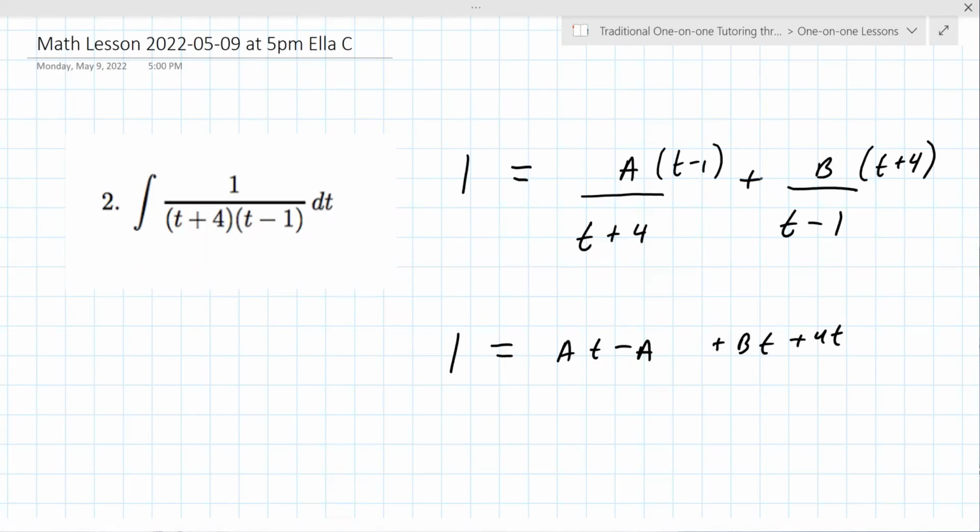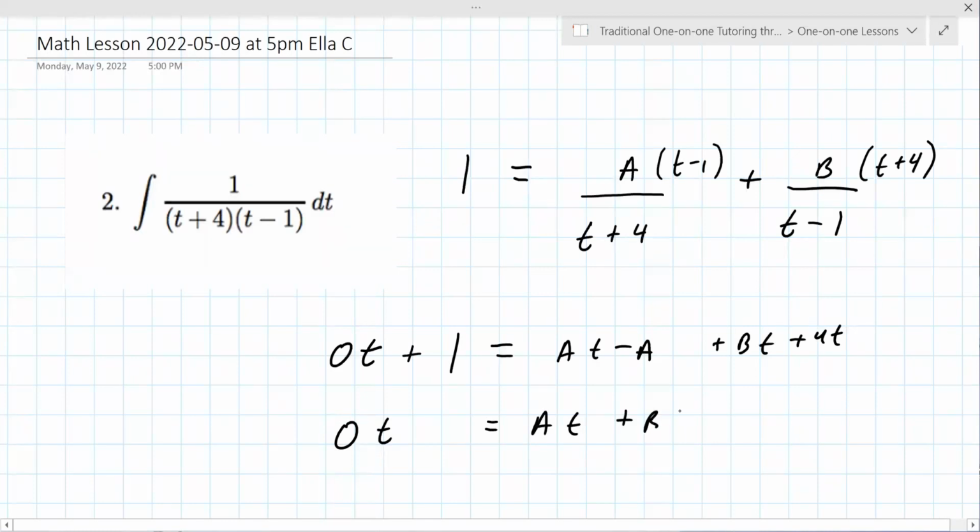Then the way this proceeds from here, and I think this is important to write for students, is you write a 0t because you're matching the coefficients. 0t equals At plus Bt, and then you drop out the t's.